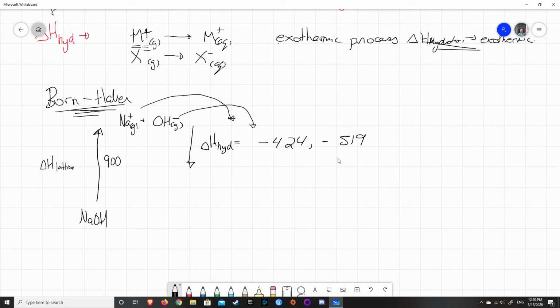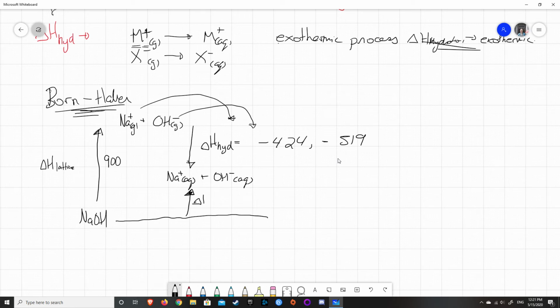And we know hydration is to dissolve it into solution. So Na plus aqueous plus OH minus aqueous. And it wants us to figure out the unknown down here.